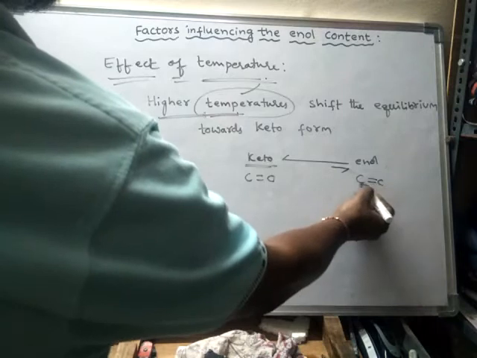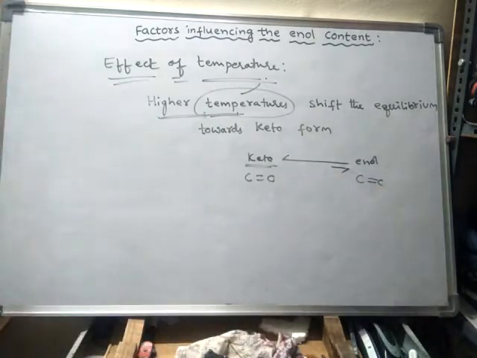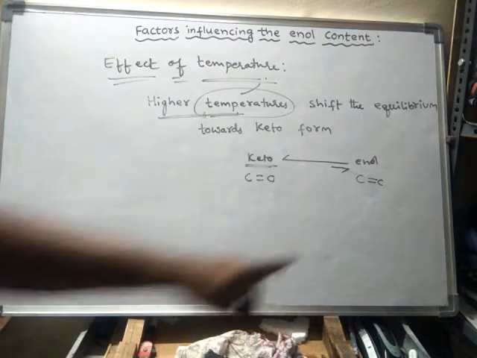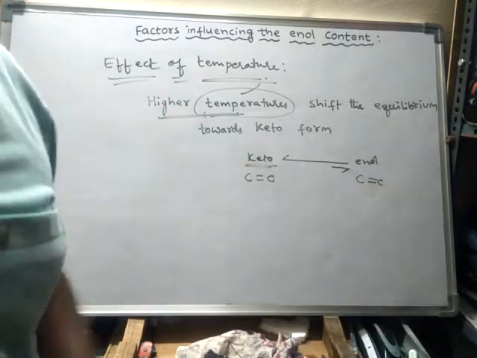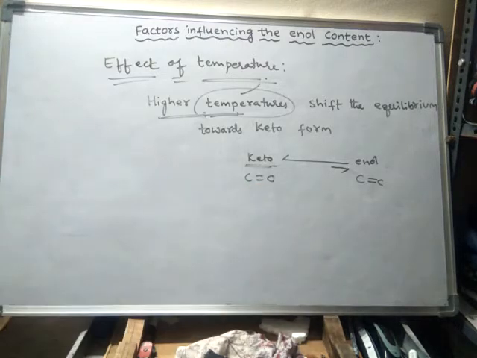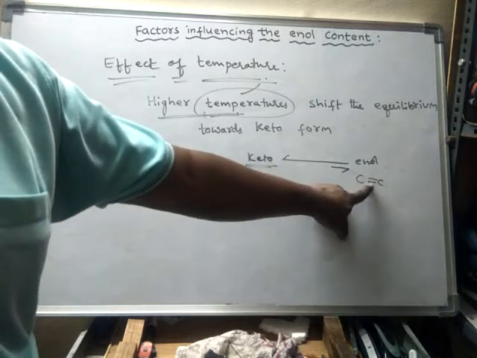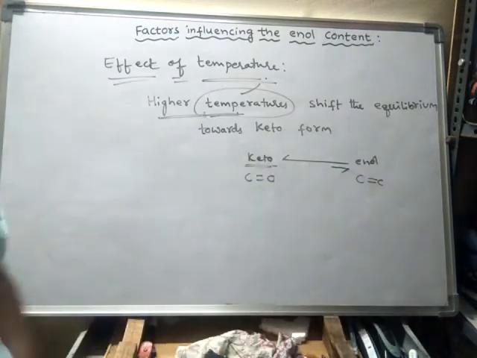Because in the enol form, the double bond is between carbon and carbon, and the C=C bond is somewhat less strong when compared to C=O. If you heat such a system, most of the enol will convert into the keto form.